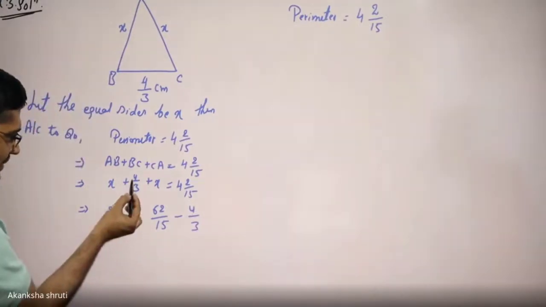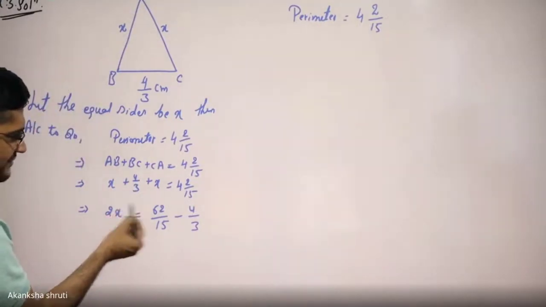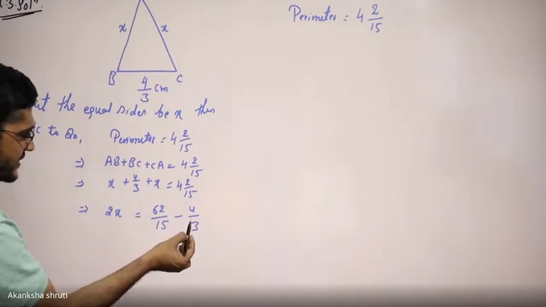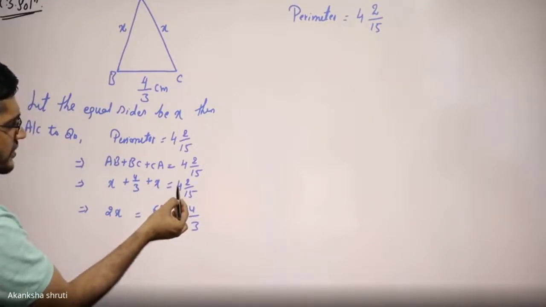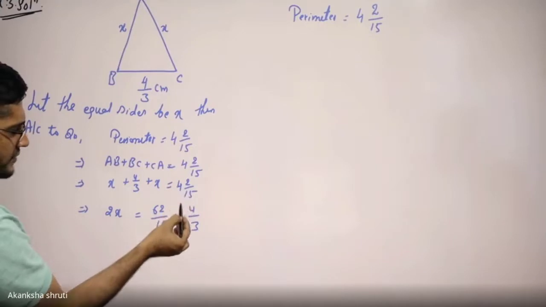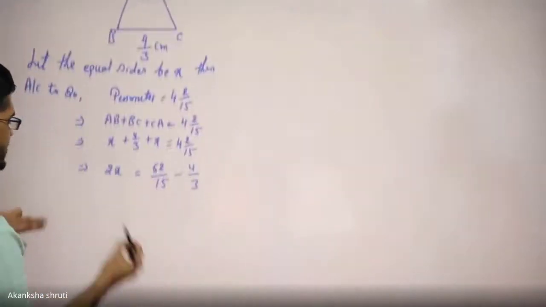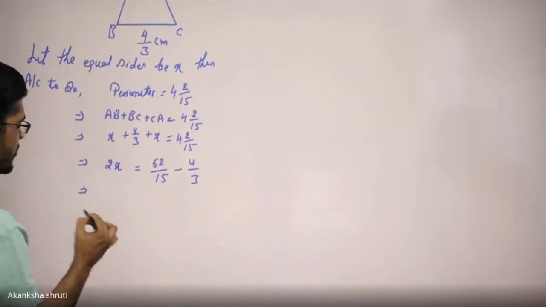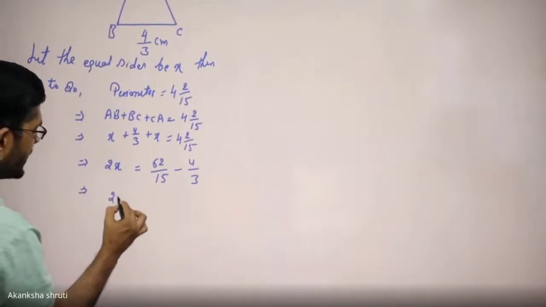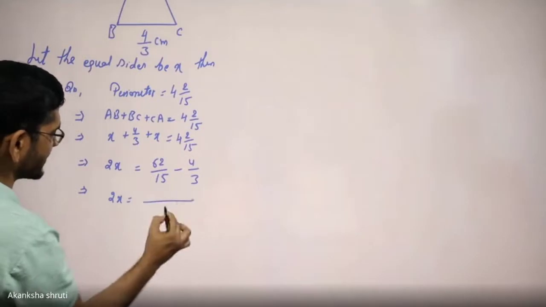Student, keep in mind 4 by 3 from the left hand side, we bring it to the right hand side, and this 4 whole 2 by 15 is written in the improper fraction form so that it can be solved. So this is our 2x is equal to, the LCM remains 15.